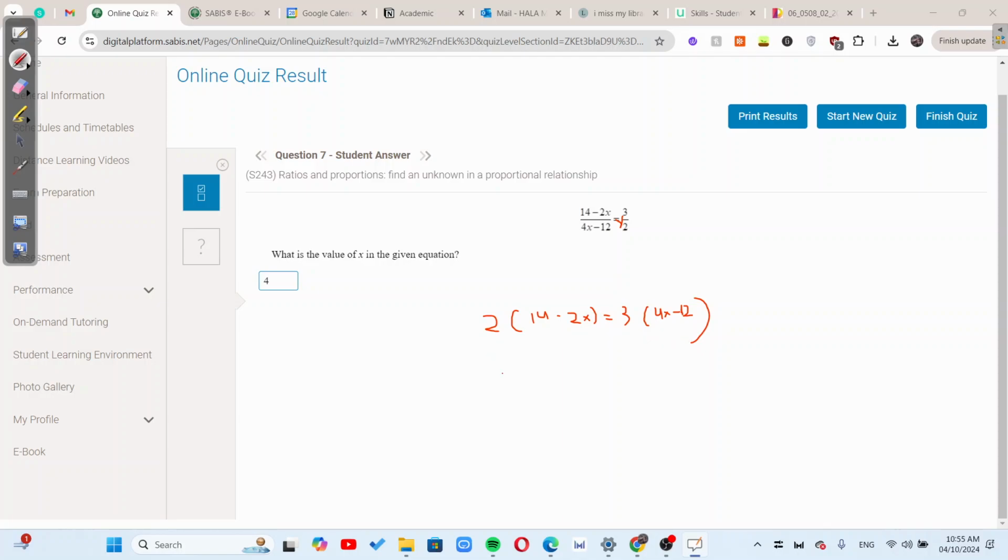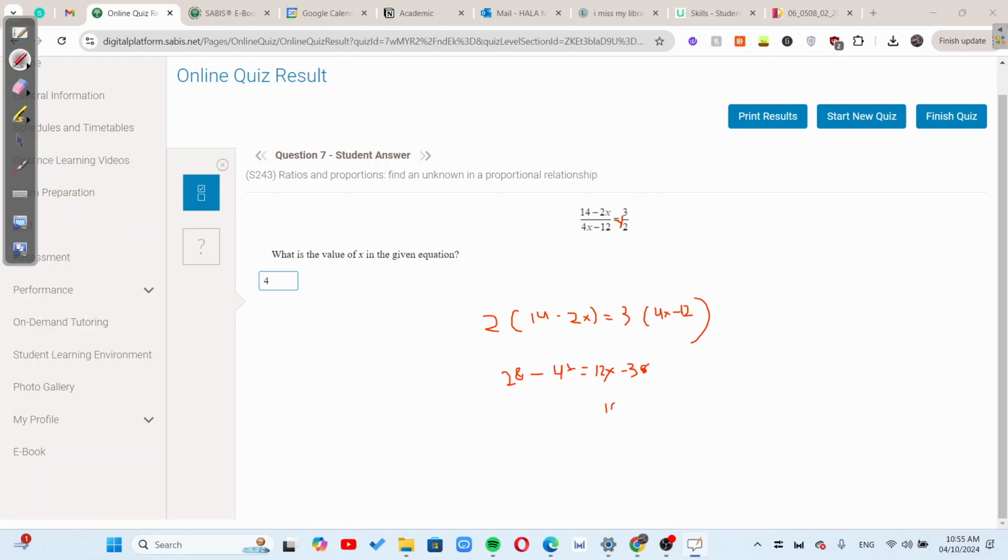So now you have 28 minus 4x equals 12x minus 36. Okay, that looks like a y. Let me fix it. It's an x. So now, again, like terms on each side. So you're going to get, moving forward here, 12x plus 4x.